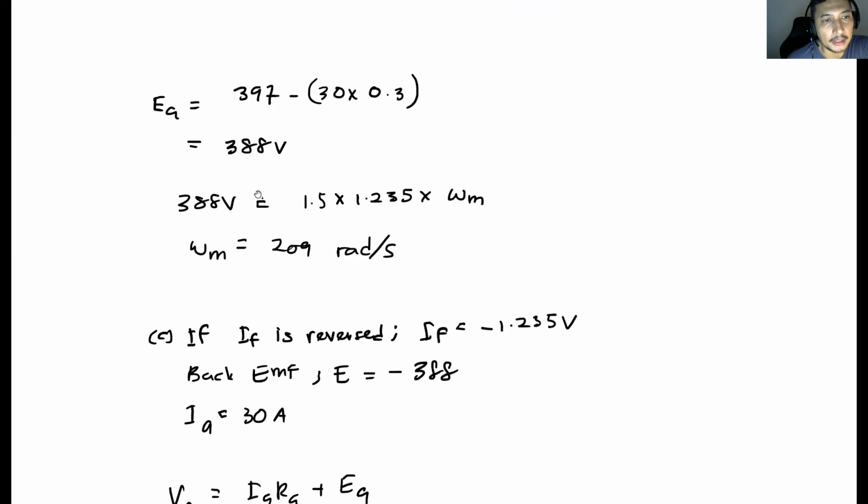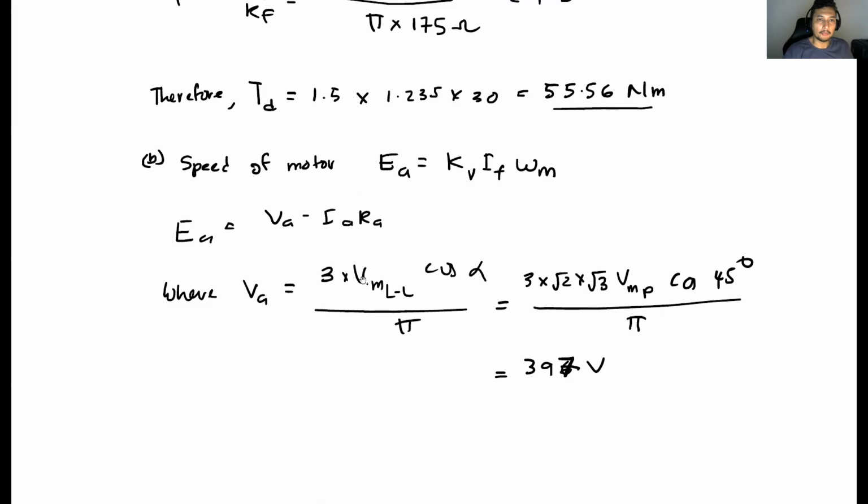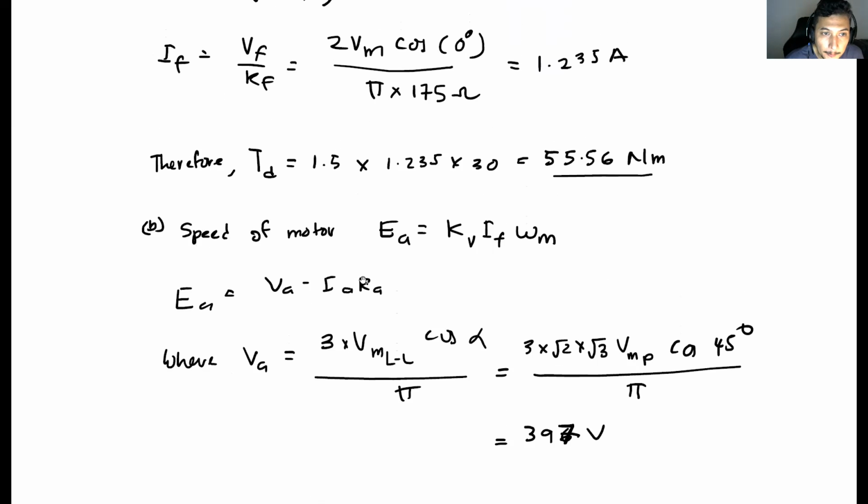By using the back EMF equation, this is your KV multiplied with your IF, 1.235, so you will obtain your speed of around 209 radian per second. So we have completed A and B.